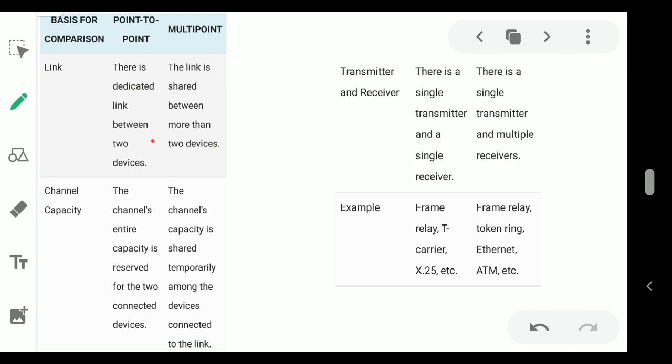The channel's entire capacity is reserved for two connected devices, but here the channel capacity is shared temporarily among all the connected devices. Transmitter and receiver: here there is a single transmitter and single receiver, but here there is a single transmitter but multiple receivers. Examples you can say are frame relay, T carrier, or frame relay, token ring, Ethernet. Okay, these are the examples.